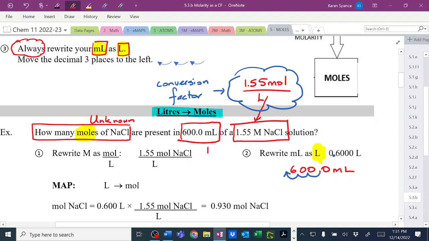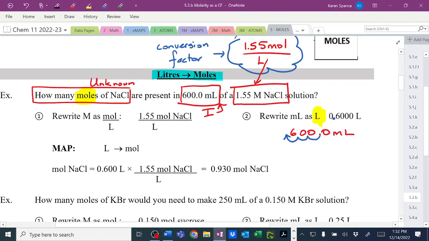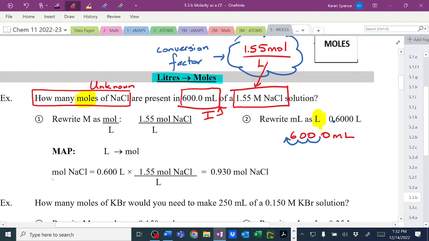So that means that the liters is our initial quantity. That's what we're starting with, and that's hard for a lot of people. They always seem to want to start with the molarity, but your initial quantity here is the liters. So we want to find moles of NaCl.